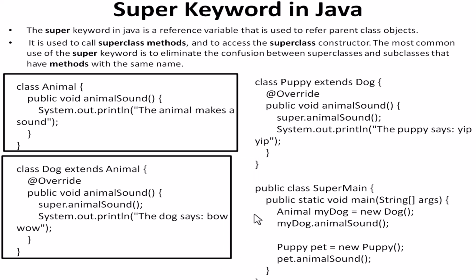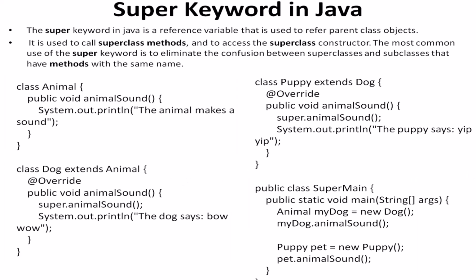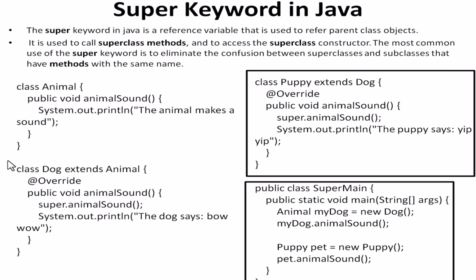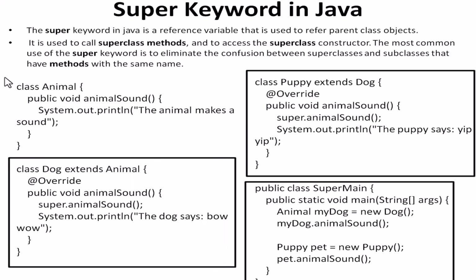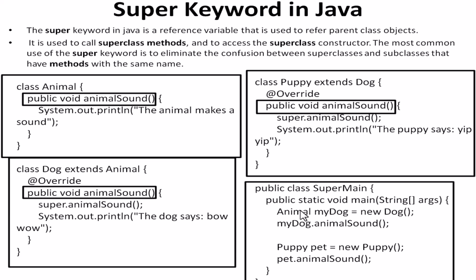Now here Puppy is a class which extends Dog, and here you have a SuperMain, which has a main method. So Puppy extends Dog, Dog extends Animal, and Animal is the main class. Among all the classes, the common property is the method animalSound: public void animalSound in Animal, and public void animalSound in Dog.